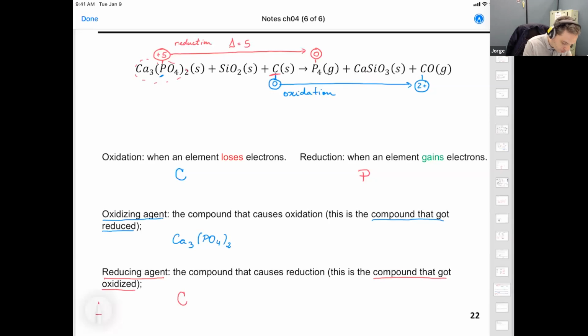And you are going to multiply this factor by the number of atoms in the reagent side. Phosphorus, there are 2 atoms of phosphorus in the unbalanced reaction on the left side. Therefore, we are going to multiply this by 10. And this factor delta is going to be 10.